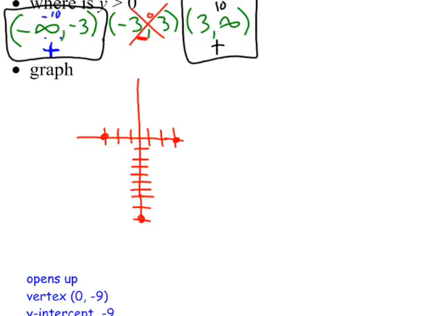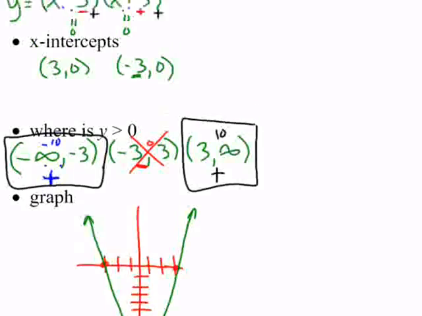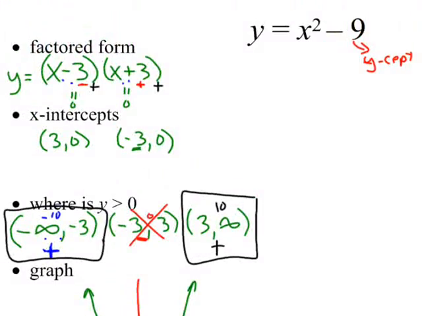Then I just draw my parabola, and I know that it's negative between -3 and +3, and then I know it's positive on the other sides of the 3's. And again, you know it should be a happy parabola because it has a positive a value, so it's smiling at us because it's positive.